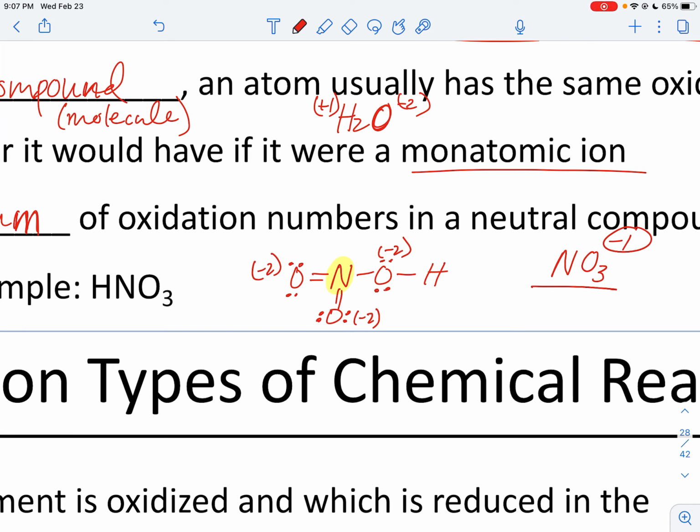And so far, we have a whopping total of -6 in our charges on oxygen. -2, -2, and -2. Okay? So for this to be a -1 overall, you know what that means? This is where it gets weird. Nitrogen is a +5 here. Its oxidation number is a +5. And that's weird because we know nitrogen has 5 valence, and we know that it usually wants to gain 3 more and be a -3.